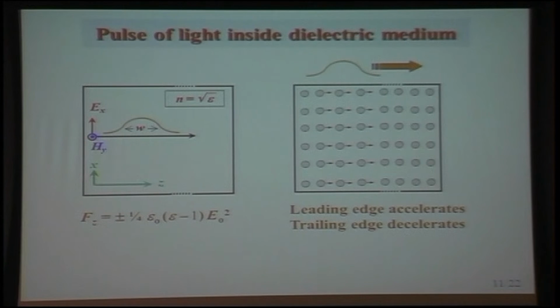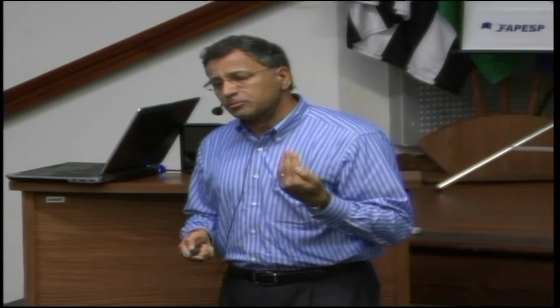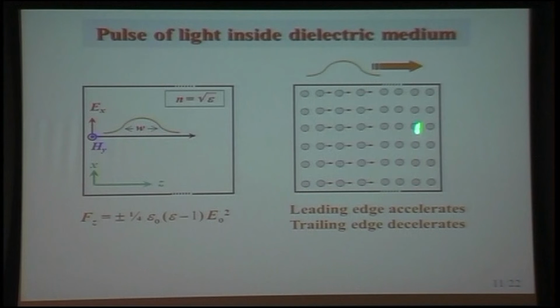So the leading edge accelerates the atoms as it goes over them. The atoms will acquire a momentum while the pulse lasts, and then the trailing edge pulls the atoms back and stops them. So as the pulse propagates, the atoms of the material medium have acquired momentum, just between the leading edge and the trailing edge. And that's what we call the mechanical momentum.